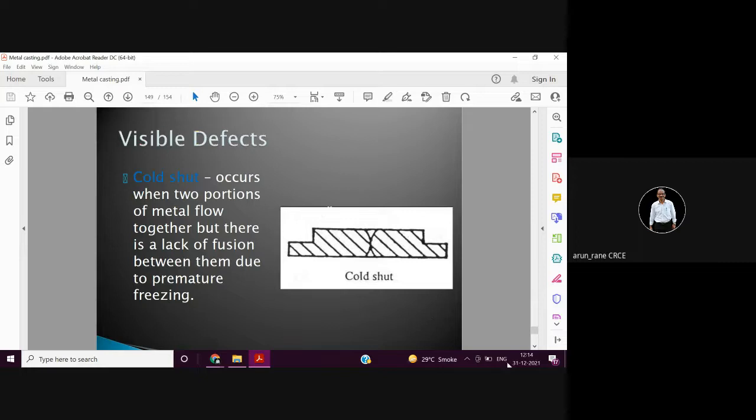Like material is flowing from here like this, material is flowing from here like this, and where this meets, there they do not fuse properly. So that gives rise to cold shut.